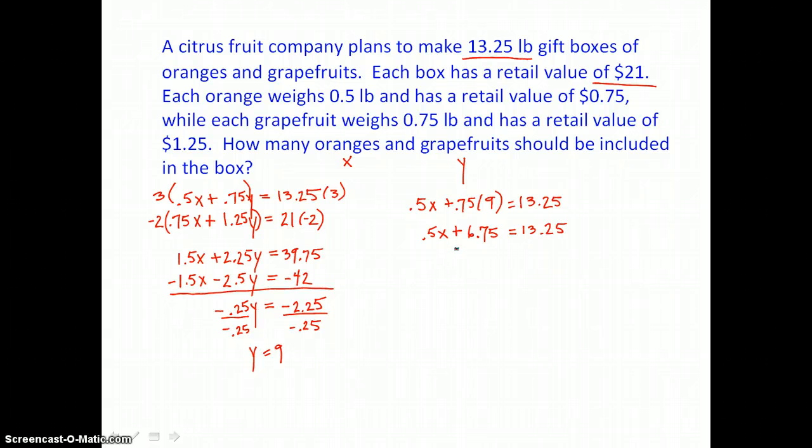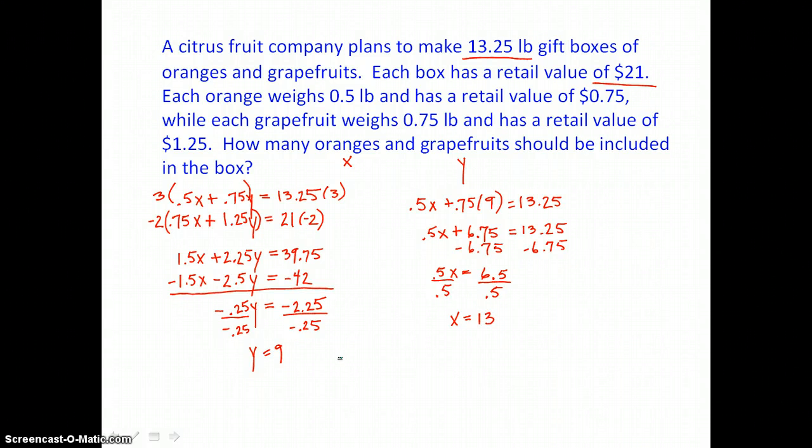And then subtracting that 6.75 from both sides, I am left with 0.5x on the left, and on the right I have 6.5. So dividing both sides by 0.5, we find out that the number of oranges in the box is 13.